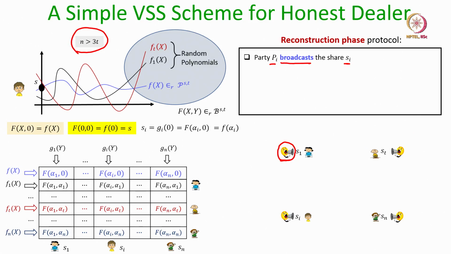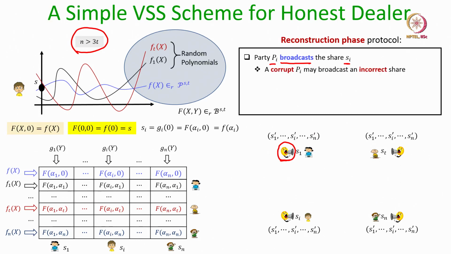So, the honest party, if P 1 is honest, for instance, it will send its share S 1 identically to everyone, but if P 1 is corrupt, it may send different versions of S 1 to different honest parties, that is fine. We denote the vector of shares received by all the parties as S1 prime, S2 prime, Si prime, Sn prime and so on.